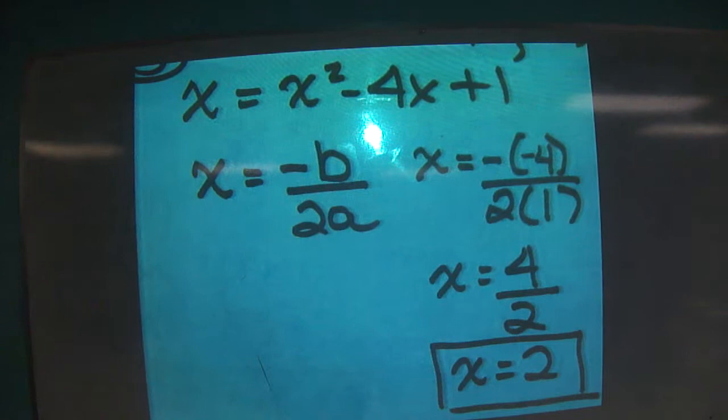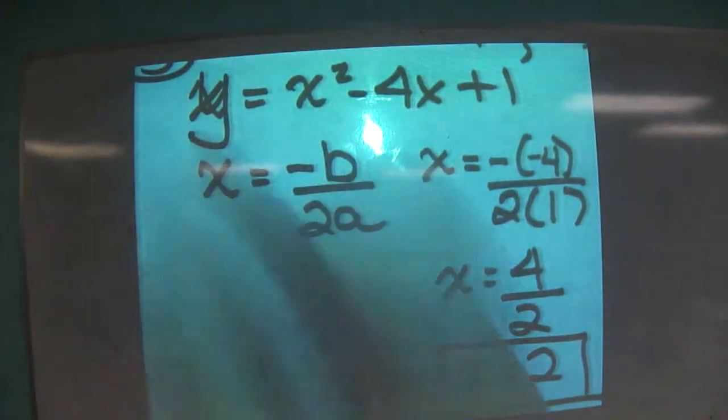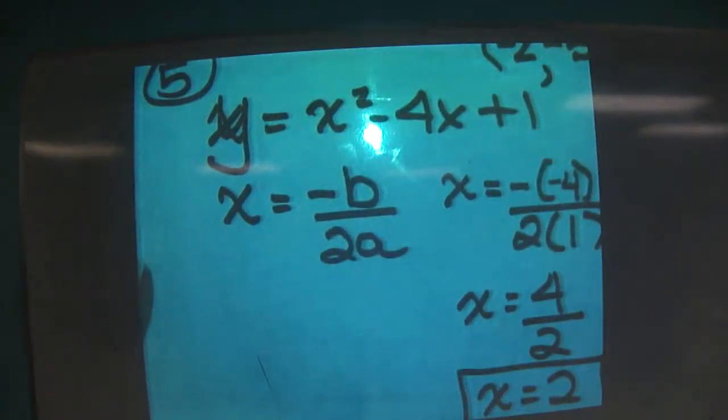Pretty cool, huh? How will we find y? We also know what x is, but we don't know y. This is supposed to say y up here. That would make it easier to understand. How do we find y? Substitute.